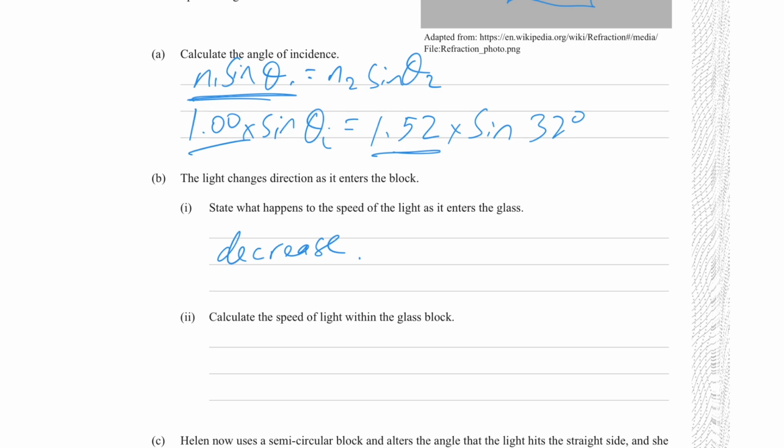On your formula sheet you have the velocity in one medium over the velocity in the second medium is equal to the refractive index in one medium over the refractive index in another. So it's the reverse. The higher the refractive index here, the lower the speed will be.